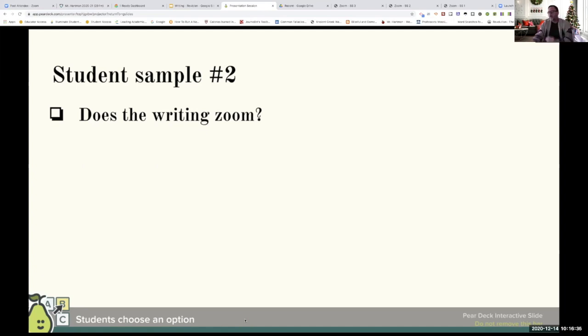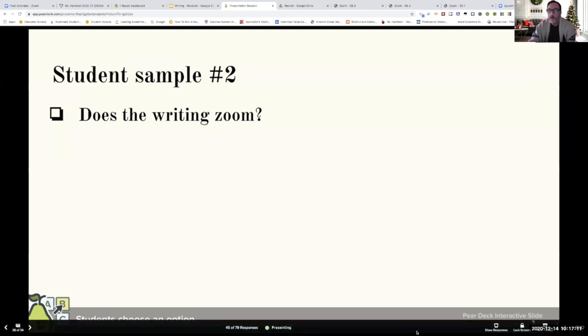But does this particular piece of writing have a singular focus to it? Does this writing have a zoom? Yes or no?